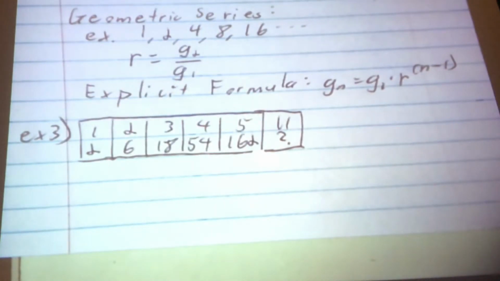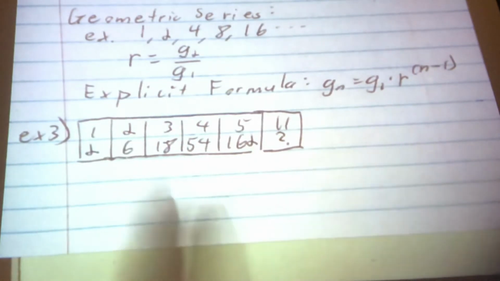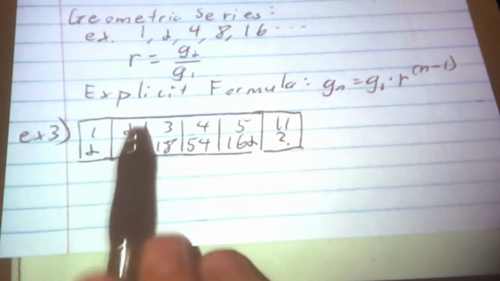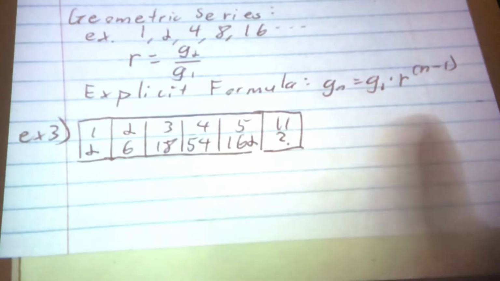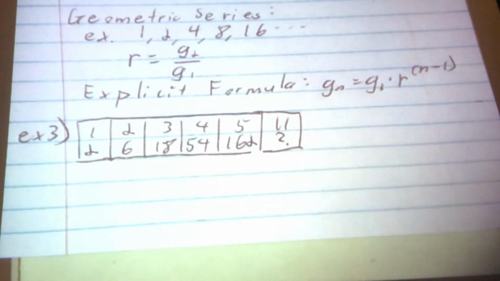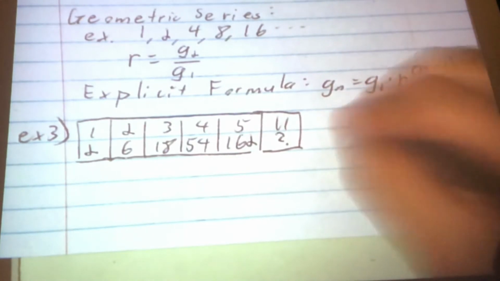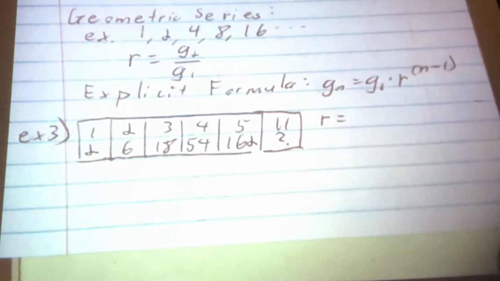This is kind of similar to what your homework will look like, where my first term is 2, second term 6, so on. I want to find my 11th term. So first, what is my rate equal to? What am I multiplying each time? 3.